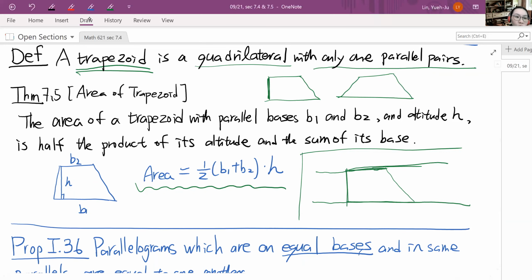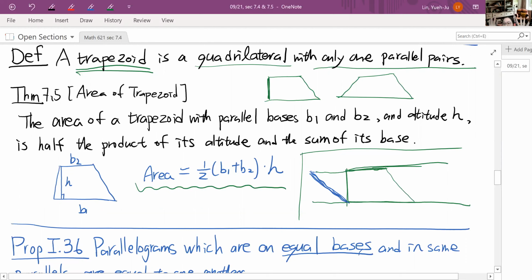So what you can do is combine the facts of knowing the area of a triangle and a parallelogram. If you want to prove the area of the trapezoid, which I'm going to assign as homework, one thing I could think of is you can build up a bigger parallelogram, like what I draw in the picture.